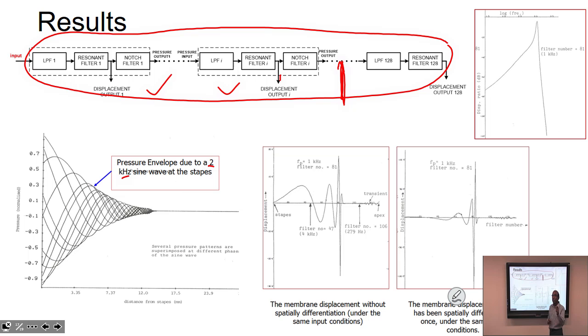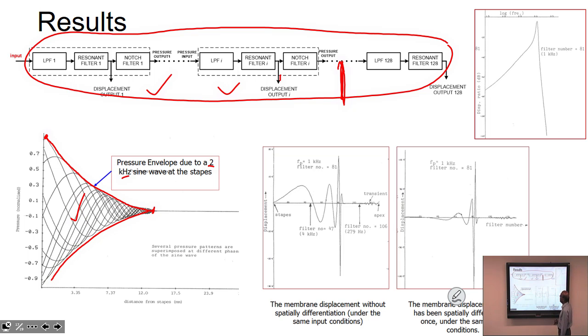If the input is at 2 kilohertz, and they locate the filter which corresponds to 2 kilohertz, you will find the pressure is initially high and decays to zero at that point, because the wave can't travel anywhere. They will impose many of these waveforms at many time instants, and they will demonstrate this pressure waveform envelope.